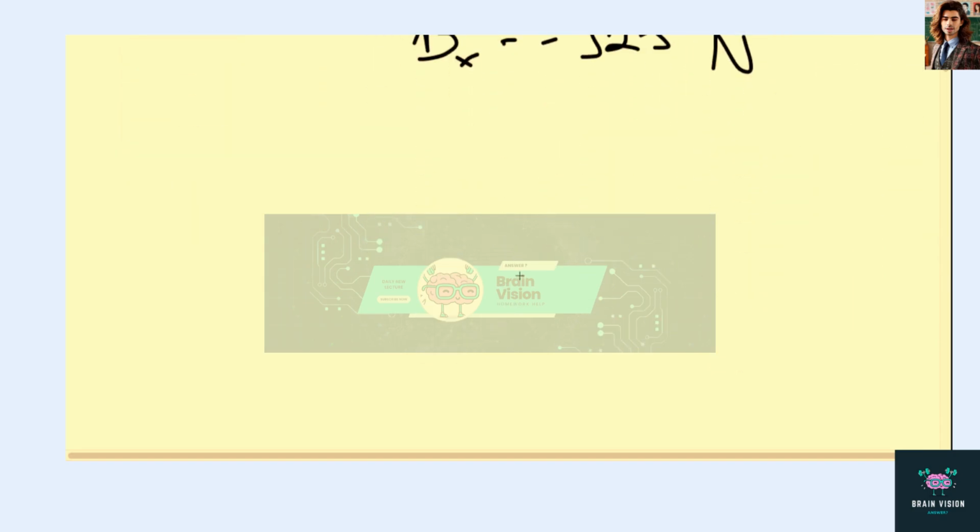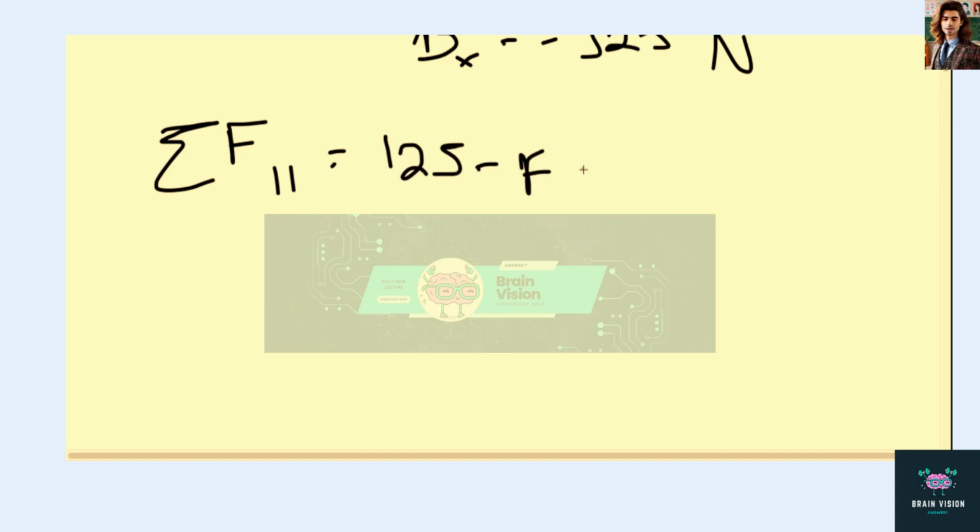So again, we run through the equilibrium. We say that the net force parallel to the bar equals 125 minus F, which equals 0. So F equals 125 newtons.